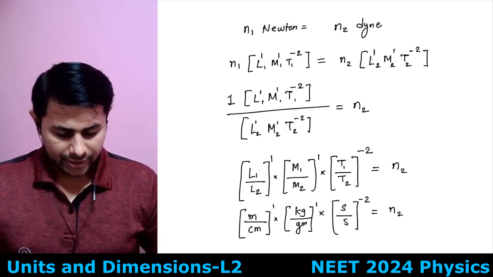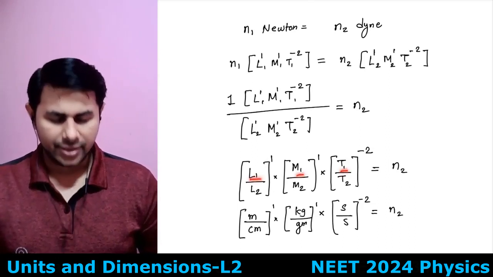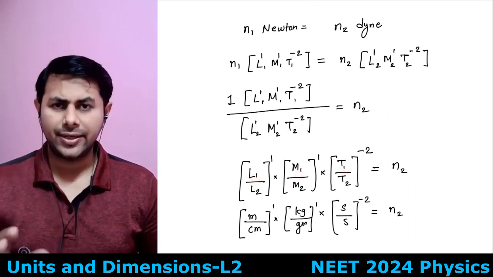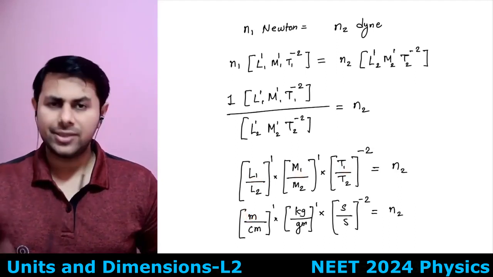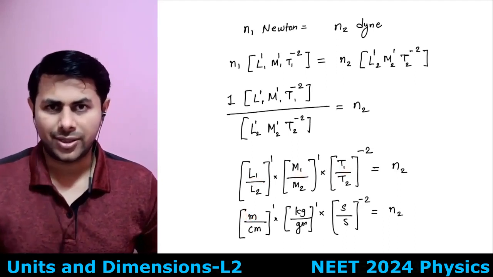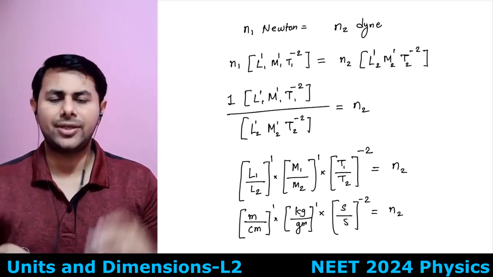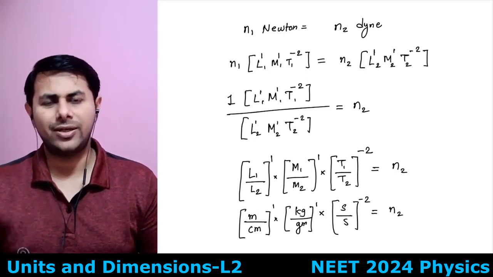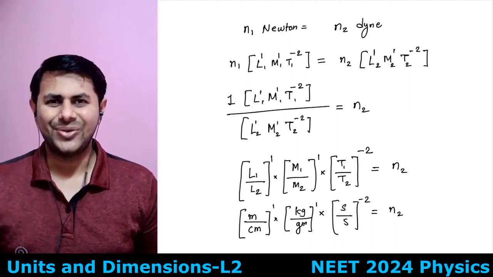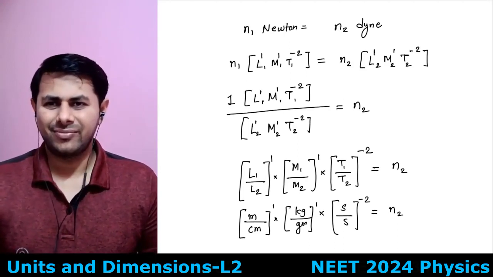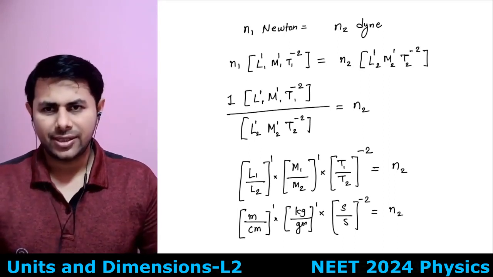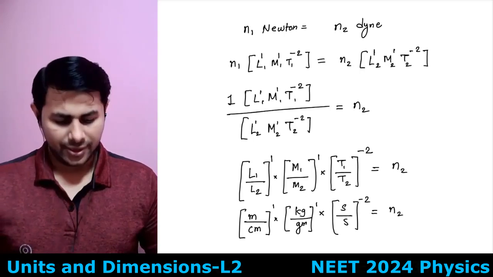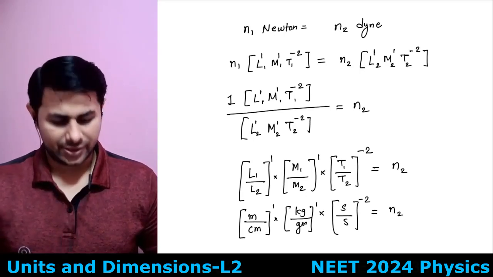And instead of L1, M1, T1, etc., you will directly write down the units. L1 is meter, you know that already, so just write meter raised to 1. Don't write L1 and then convert it into meters, it will take a lot of time. There can be some questions like this also. So these are the 3 uses of dimensions.